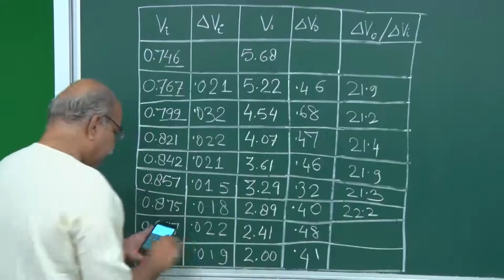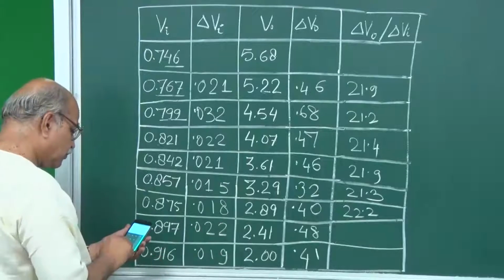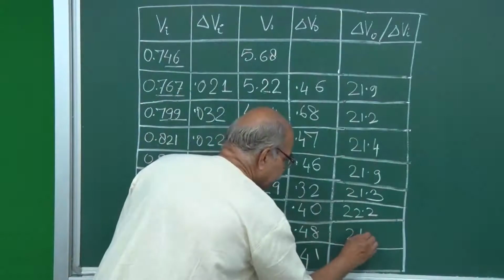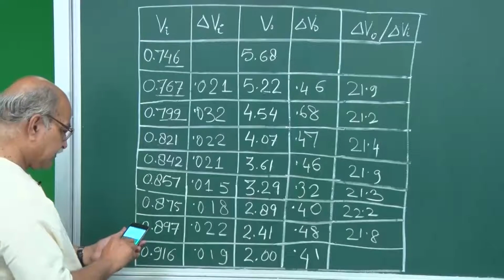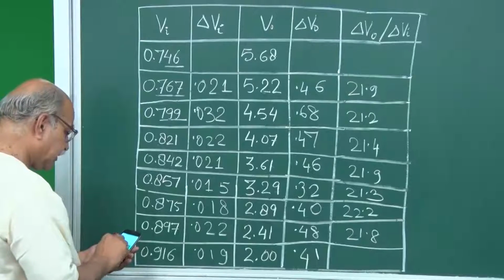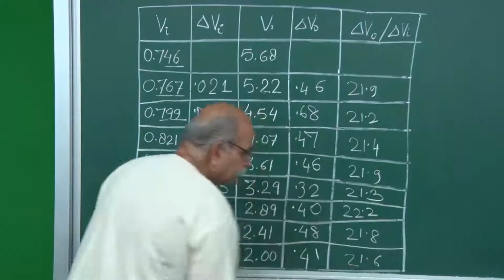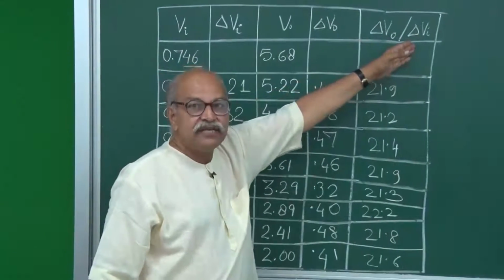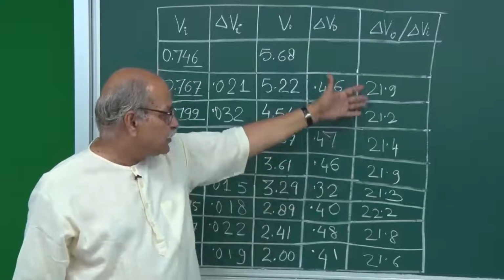Then we have 0.48 divided by 0.022, and that is 21.8. You have 0.41 divided by 0.019, and that is 21.6. All right. So you see it's very linear. Delta VO by delta VI is almost constant. It's between 21 and 22.